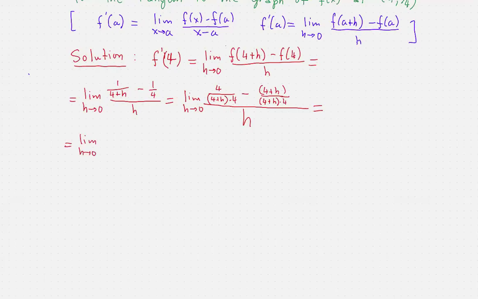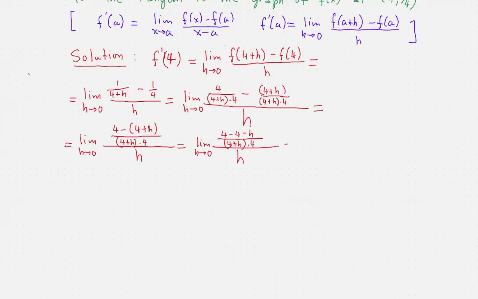So this will be 4 minus 4 plus h over 4 plus h times 4 divided by h, which will be the limit as h tends to 0 of 4 minus 4 minus h over 4 plus h times 4 divided by h. And now 4 and 4 cancel each other.